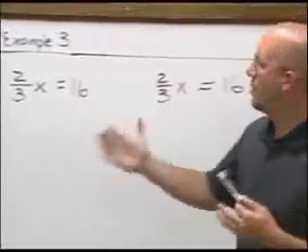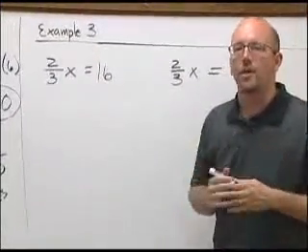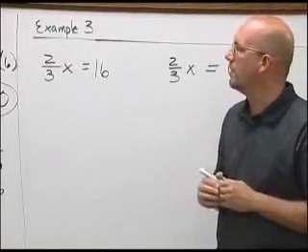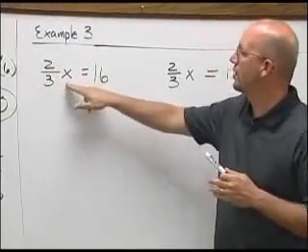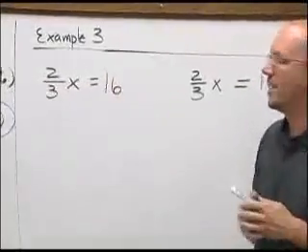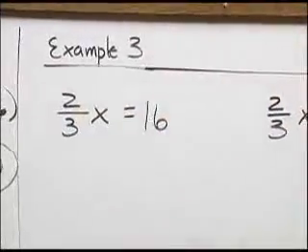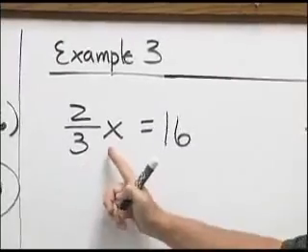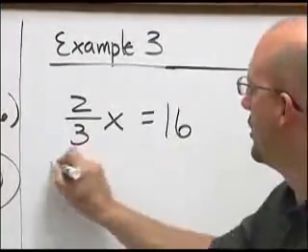If you look at a problem like this, and this is where we start to get into things that are more complicated, but still the same basic rules that we've done. We have a fraction, 2/3, that's being multiplied by our variable x, and that's equal to 16. Using our rule, undoing what has been done, we're multiplying x by 2/3. So to undo multiplication, we would do division.